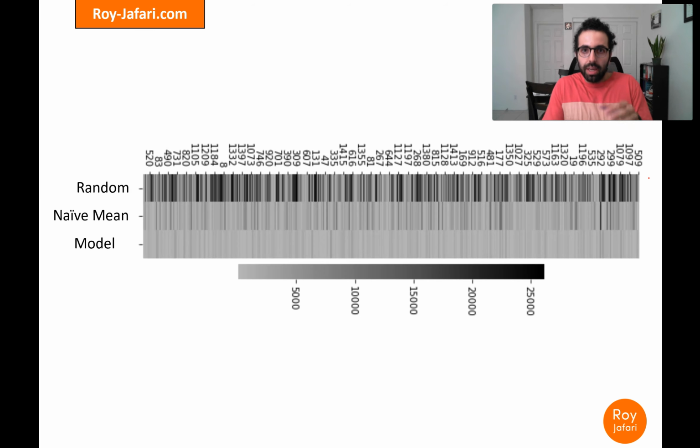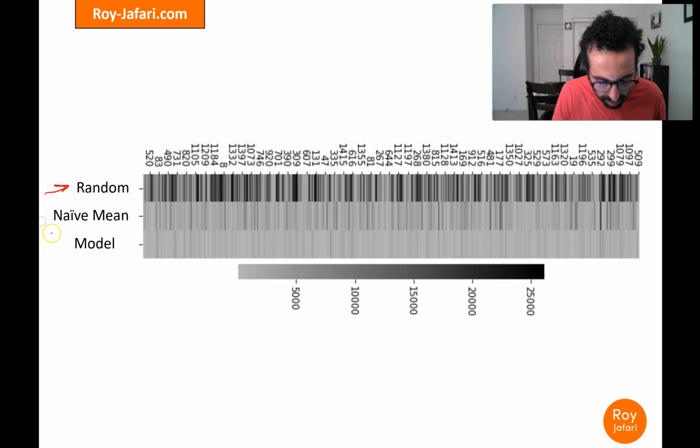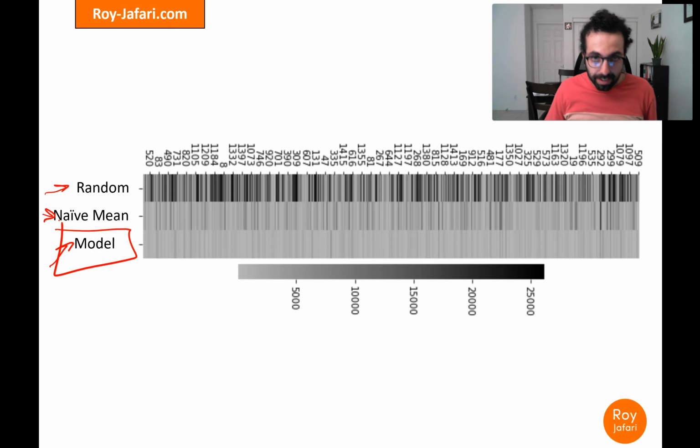So we visualize the amount of error of each of these three models. This is the model we are interested in. We compare that with those ones, right? If we don't have any other models to go about prediction, our best bet would be to predict that the average is going to happen.